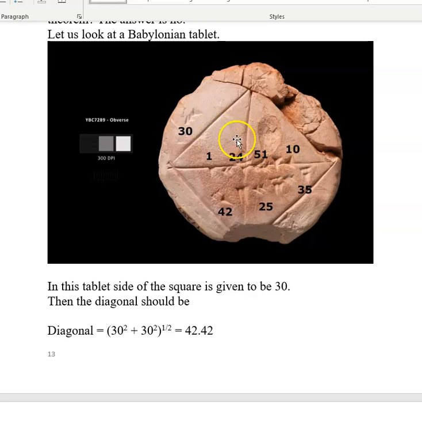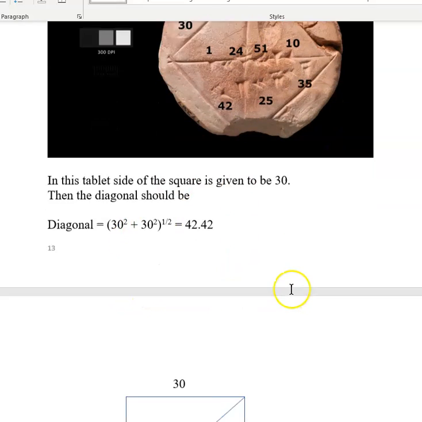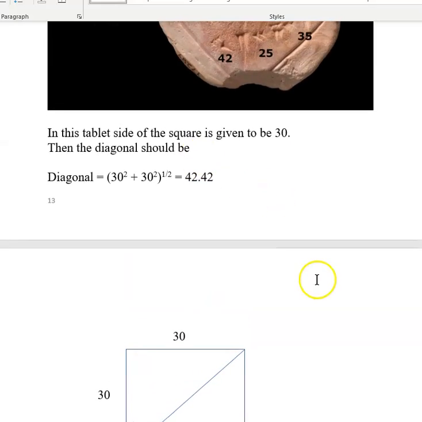Here you have numbers. These little signs are numbers, converted to modern numbers here. In this tablet, the side of the square is given to be 30. So the square here, one side is 30. Then the diagonal should be, so this diagonal should be the square root of 30 squared plus 30 squared, 42.42. I just calculated that.